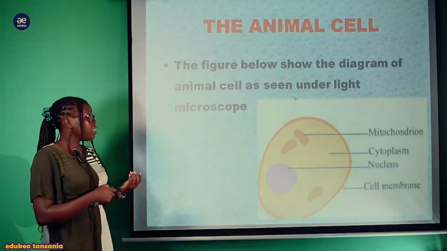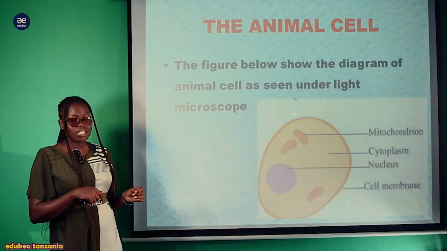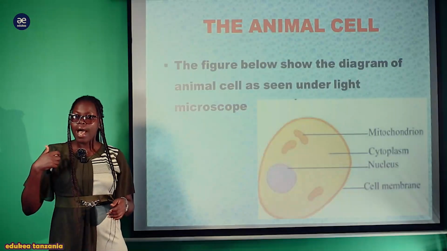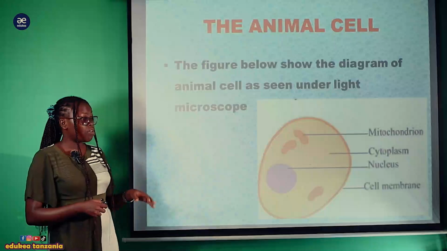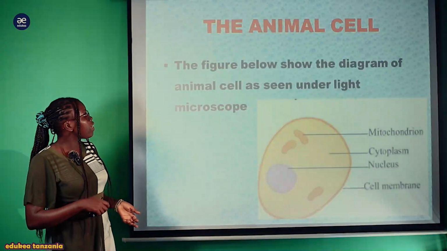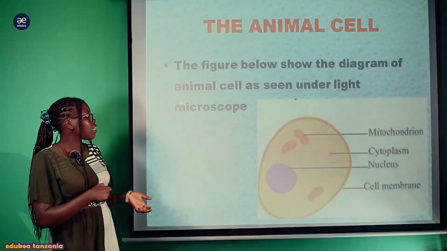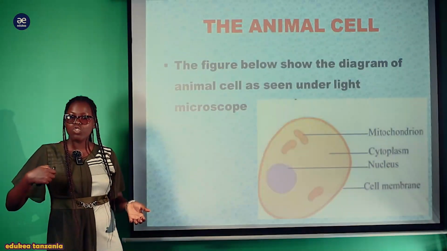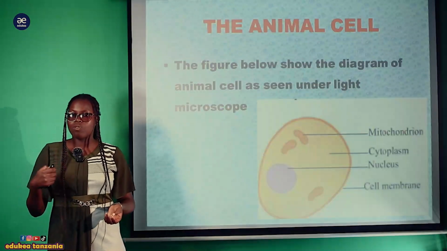The animal cell, as the name suggests, is the cell found in animals. For example, human beings and cows. All those animals are made up of animal cells. Now, considering the figure here, this figure shows the diagram of an animal cell as seen under a light microscope. The light microscope is the one which uses light so as to magnify a specimen which cannot be seen with the naked eye.